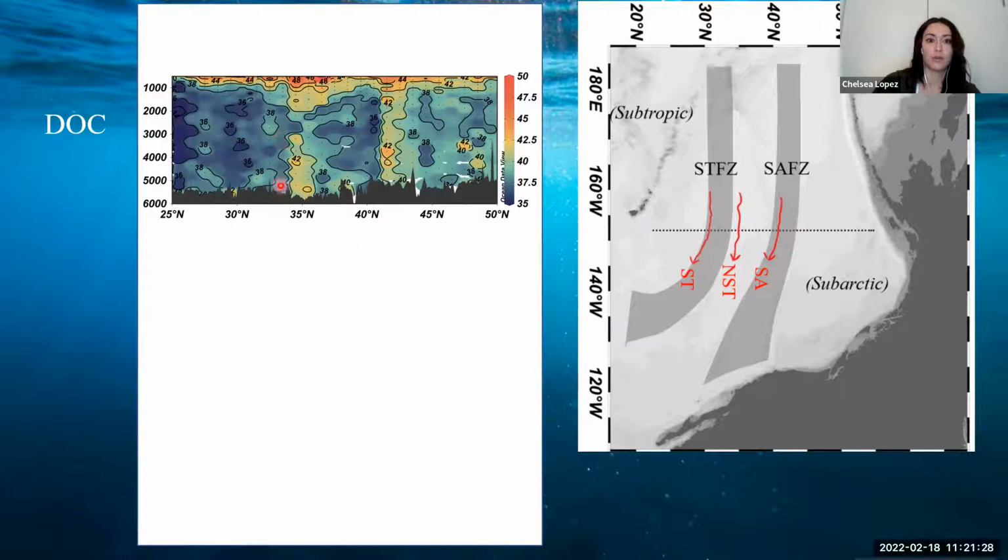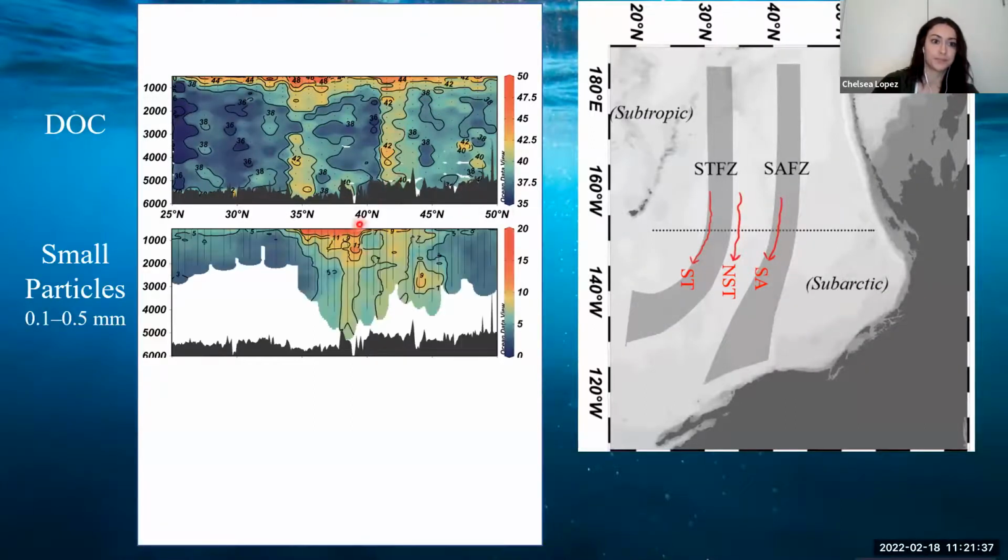You can see there are 2 columns of enhanced DOC concentrations that are vertical, so they must be coming from vertical export. And then here's small particle data. When I say small particles, it's subjective.